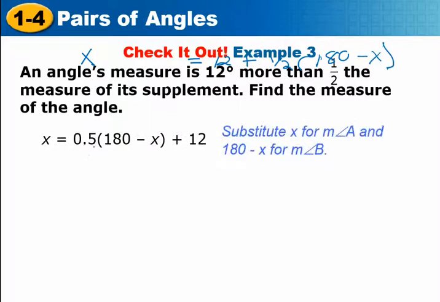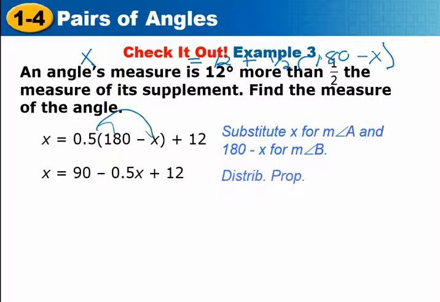Let's see if we wrote that correctly. 0.5, well, they changed 1/2 to 0.5, no problem with that. 180 minus x, and again, they put the plus 12 at the back rather than 12 plus like I did. Either way is correct. Then we do the distributive property. 0.5 or half of 180 is 90. 0.5 times negative x or minus x is negative 0.5x, and then the plus 12.